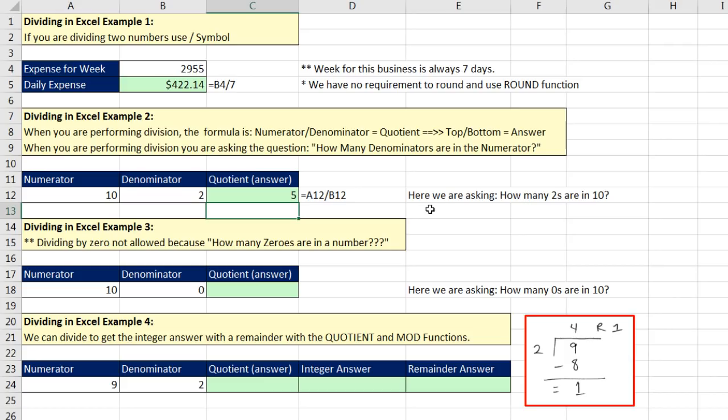There are 5. Now, we do have a problem when we get to 0 in the denominator. If we do our formula for quotient, equal sign, get the numerator divided by the denominator, which happens to be 0, there's a problem because the question is, how many zeros are in 10? I have no idea how to answer that.